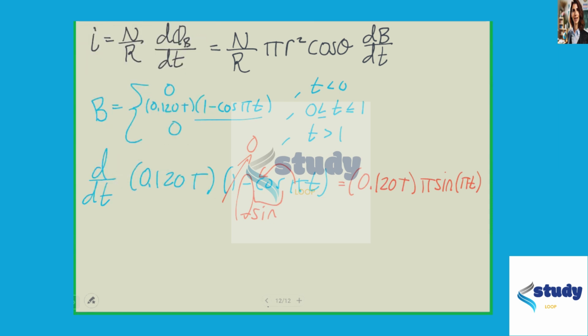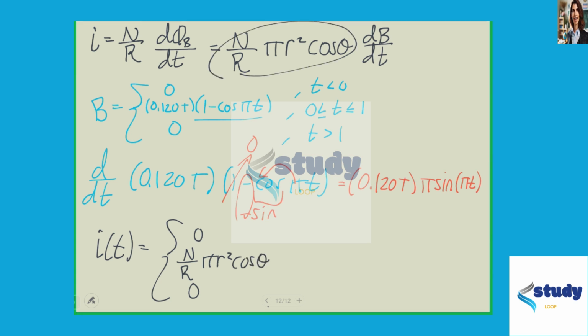Therefore, we can write down the final expression for the current. So the current is going to be 0 when t is not between 0 and 1, and when it is, it's n over r times pi r squared cos theta, right? So that's that factor.